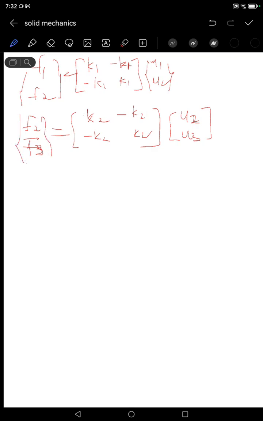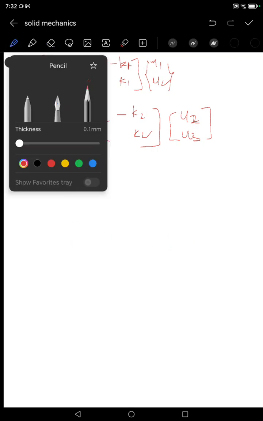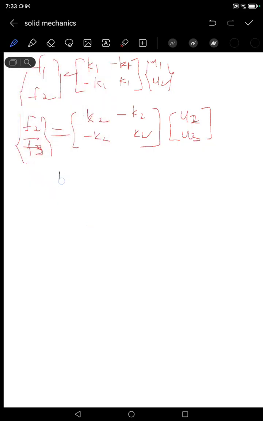Now we're going to combine these two, and we're going to have a 3 by 3 matrix. We're going to have U1, U2, and U3 on the horizontal like this. Oh, this is small, sorry.